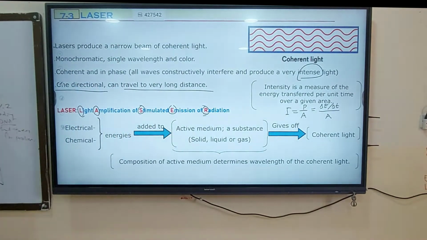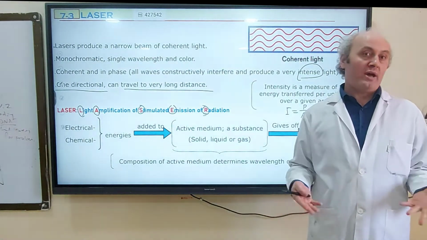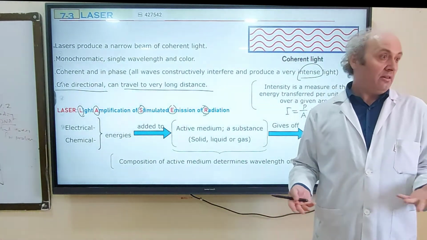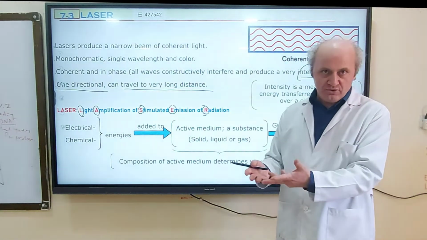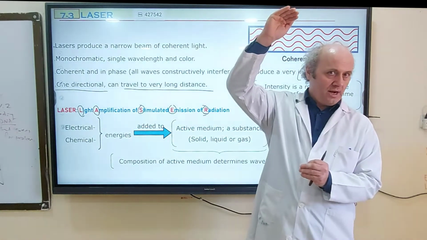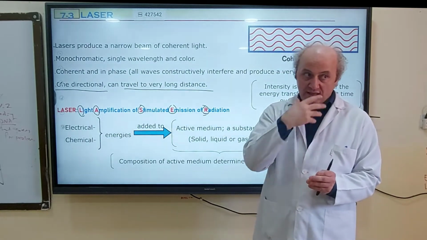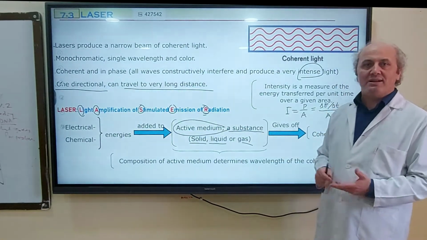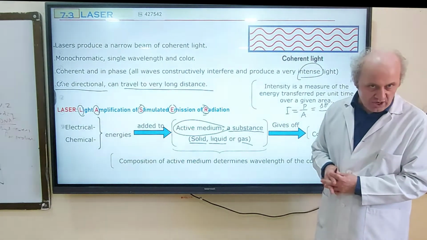But to produce light, we have to give energy to a medium, to a gas, a liquid, or a solid. It's a substance, and you should give energy to a substance first. You should excite electrons from the ground state to higher energy levels, and they will turn back to lower energy levels and emit light. These substances are named here as the active medium, to which we are going to add energy.